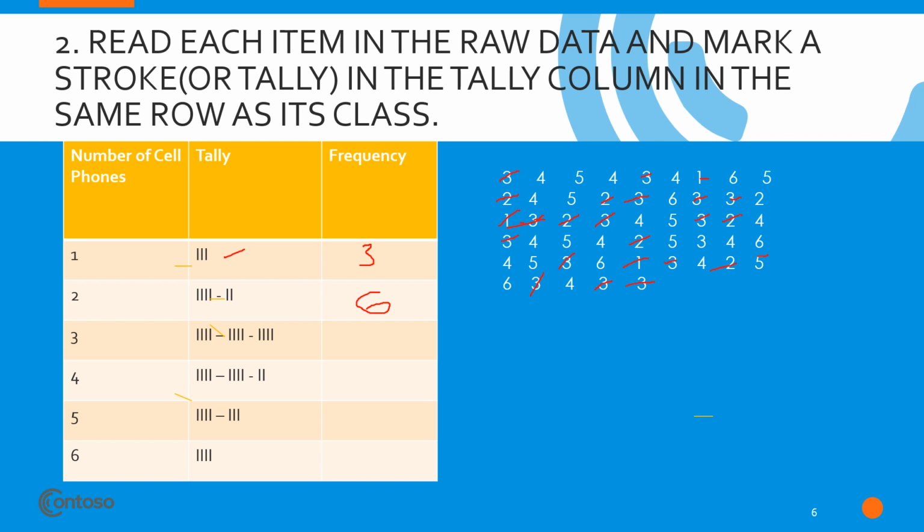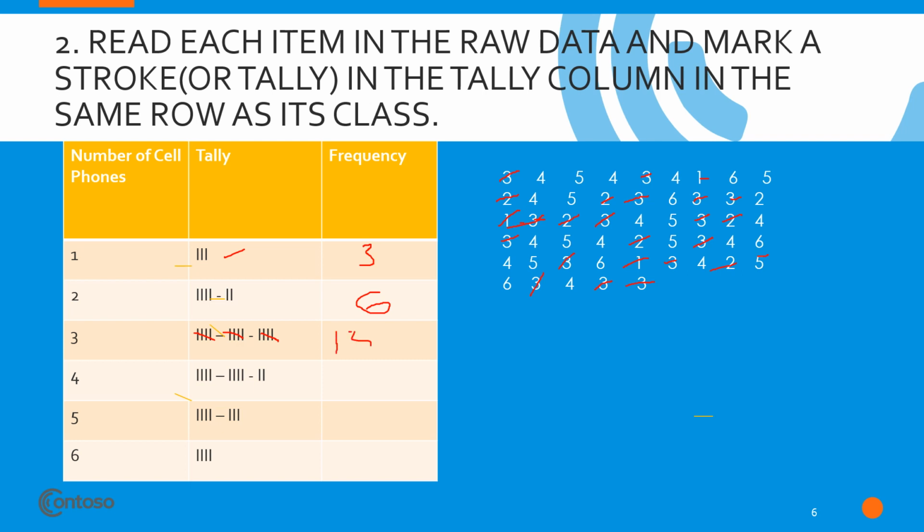Am I right? Again: 1, 2, 3, 4, 5, 6, 7, 8, 9, 10, 11, 12, 13, 14. Actually, it's 15. So there are 15, which means the tally is not complete. So there are 15.